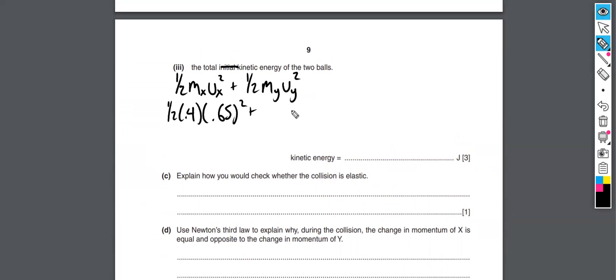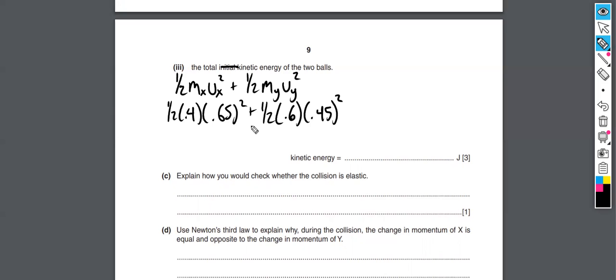So 0.65 squared plus 1/2 times 0.6 times 0.45 squared. Those are the numbers that were given. You do still have to convert grams into kilograms because a joule also has kilograms embedded within that derived unit. A joule is a Newton meter, and we already know that a Newton is a kilogram meter per second squared. So you do have to convert those also.